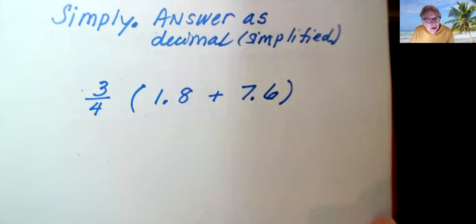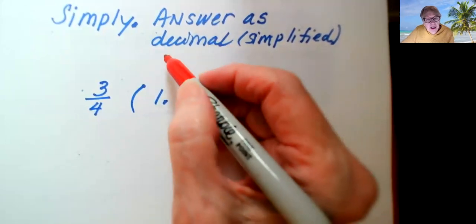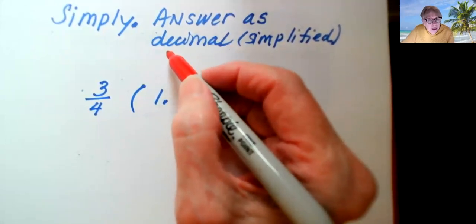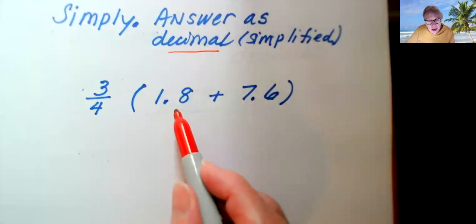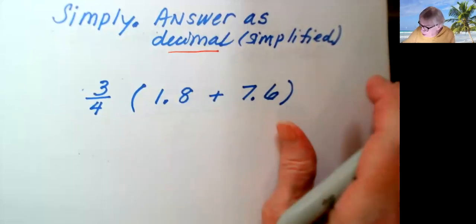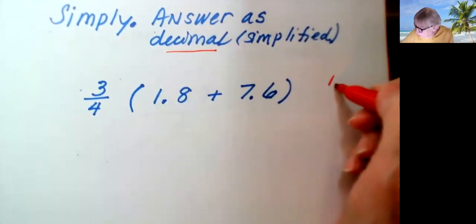But let's look carefully before we begin and go too far and see the instructions. The answer is supposed to be a decimal. So if they expect a decimal out of this, I think we should convert things to decimals. Now, the good part is this is order of operations. We need to add this first, and so that's not an issue.